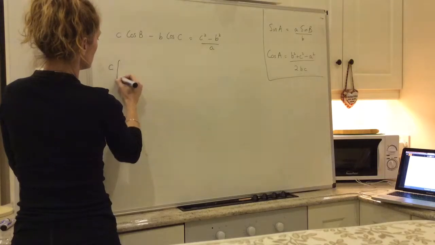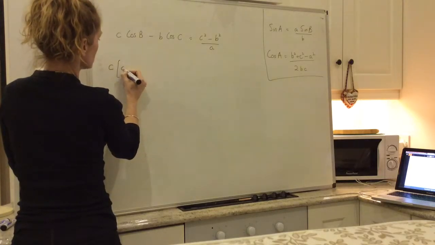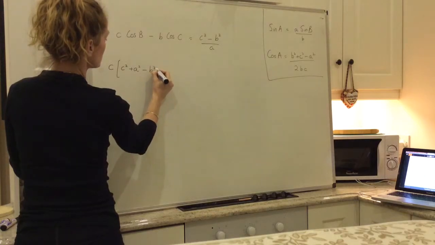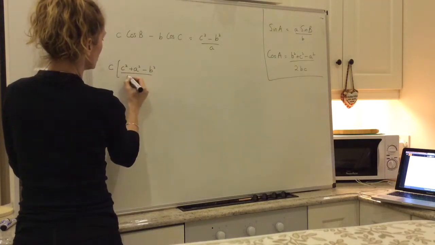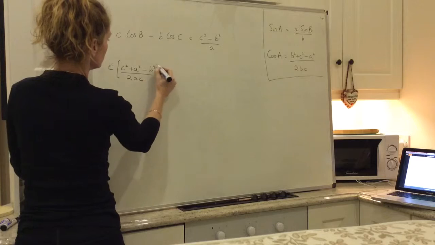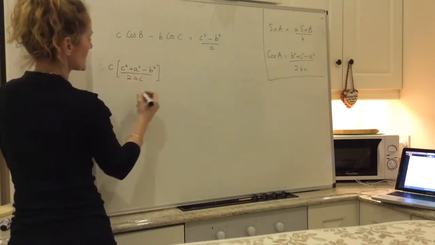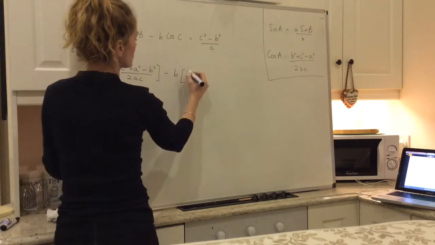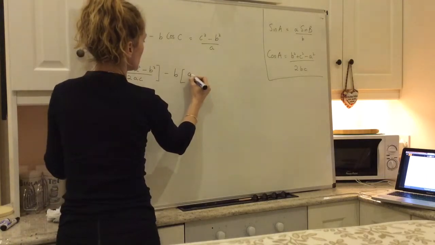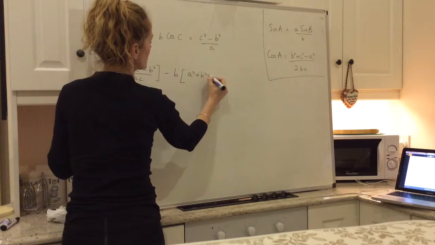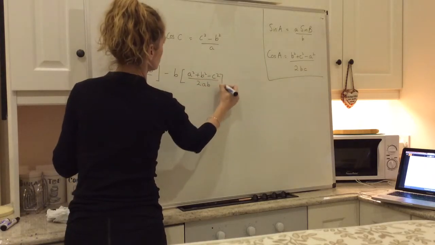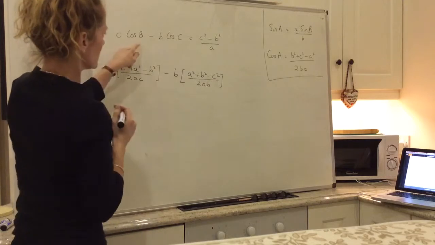Cosine B will be c squared plus a squared minus b squared over twice ac. Okay, so c times that minus b times the cosine of C. So the cosine of C will be a squared plus b squared minus c squared over twice ab. Okay, so that's the left hand side.